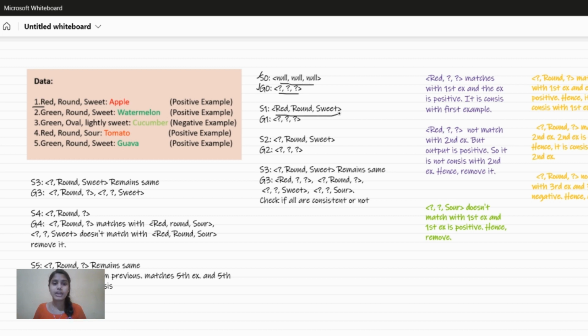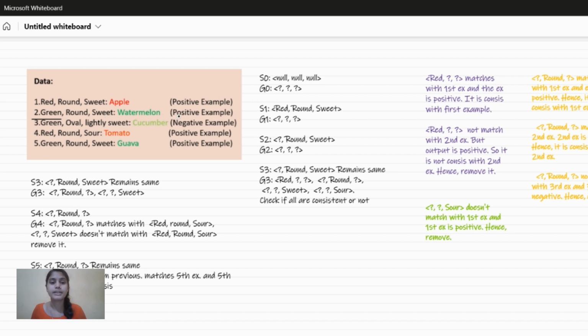We will change all nulls with the values which are in the example: red, round, and sweet. We will keep the general hypothesis the same as it was. Now we will consider the second example of watermelon. The color is green, shape is round, and taste is sweet.